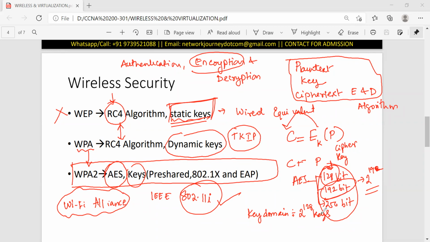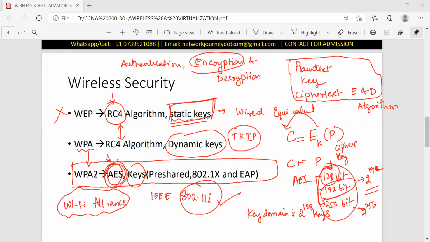So nearly impossible: 2 raised to 128, 2 raised to 192, 2 raised to 256. So far AES is outstanding. It is going good. As of now, no one is able to attack or compromise this algorithm.